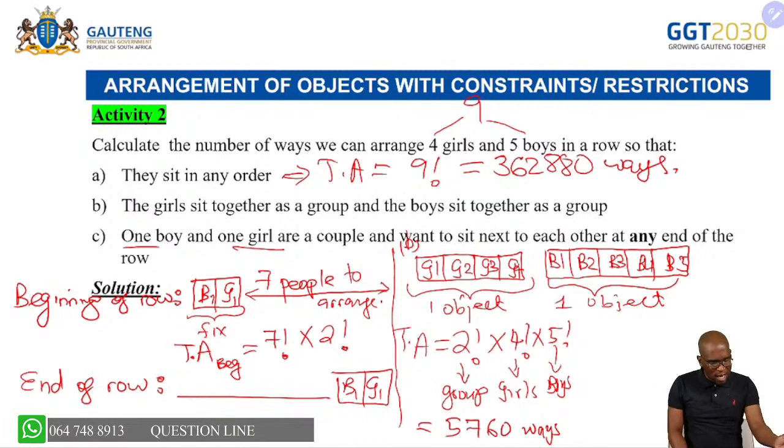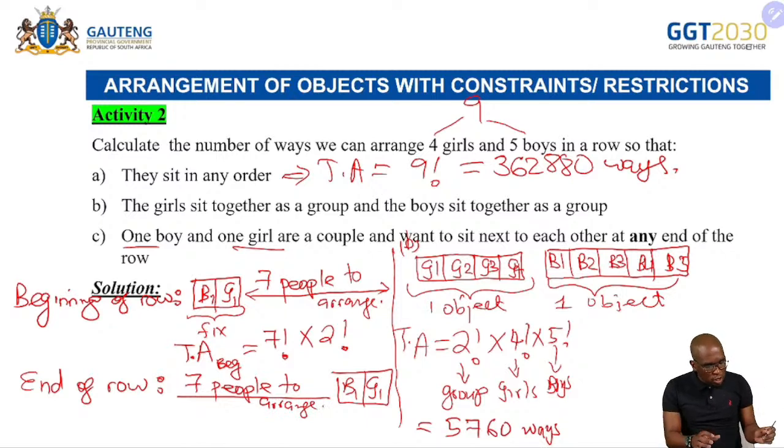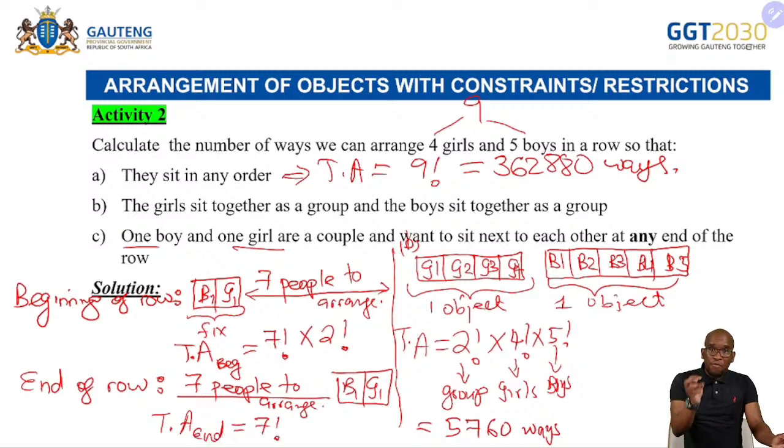If they are at the end of the row, obviously it's 7 people that are left to arrange. So if we arrange these 7 people, the total arrangement at the end of the row would be 7 factorial for the 7 remaining individuals, multiplied by, in our couple, they can interchange positions.